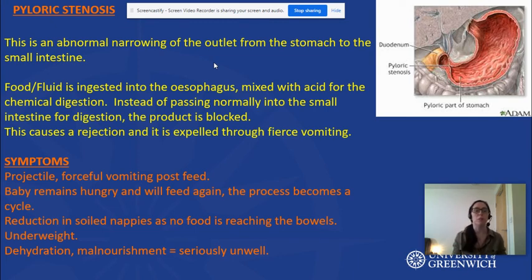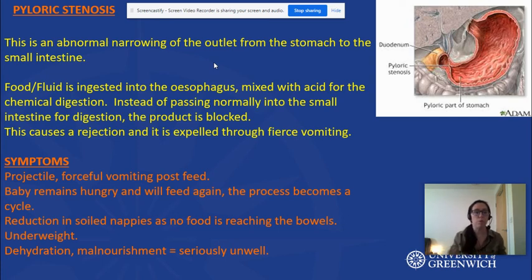So here's symptoms. This projectile forceful vomiting straight after a feed or very, very shortly after the feed. This baby stays hungry because it's not getting anything. What comes into its stomach comes back up again. So baby always wanted more food. Little greedy little thing. So it becomes a cycle. Get more food, do the vomit.